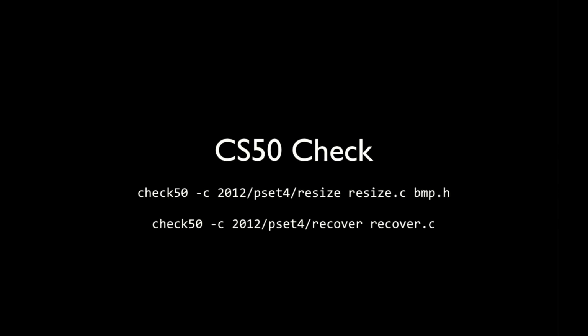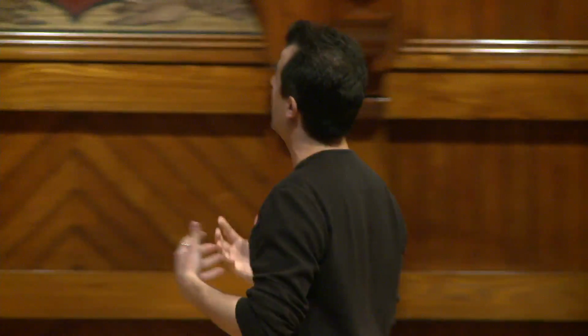So -c specifies the checks that you want to run. The tests that you want to run are identified uniquely by this string, 2012/pset4/resize. In other words, that's just an arbitrary but unique string that we use to uniquely identify pset4's correctness tests. And then you specify a space-separated list of the files that you want to upload to check50 for analysis.